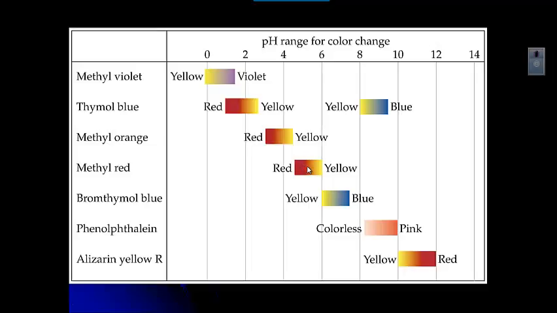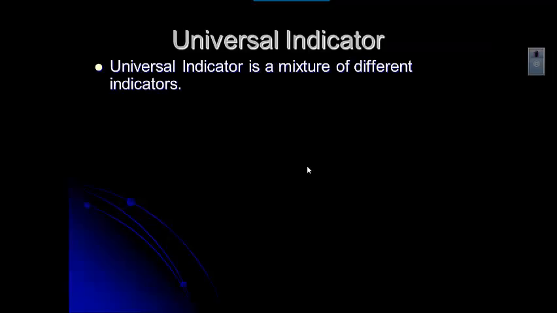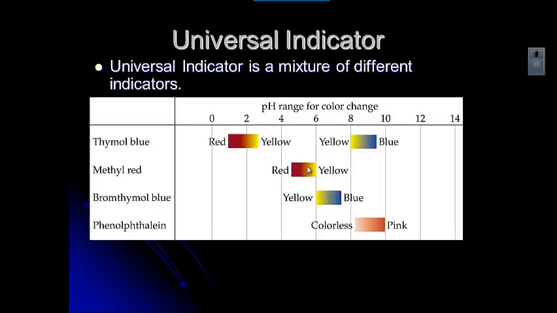If you look, there's something called universal indicator, and if you saw the Alka-Seltzer rainbow in class, it's just a mixture of different indicators. And with the Alka-Seltzer rainbow, we started off with a solution that was very basic. And so it was over here on this right end of the spectrum. So it looked very purple, so the combination of the blue and the pink.